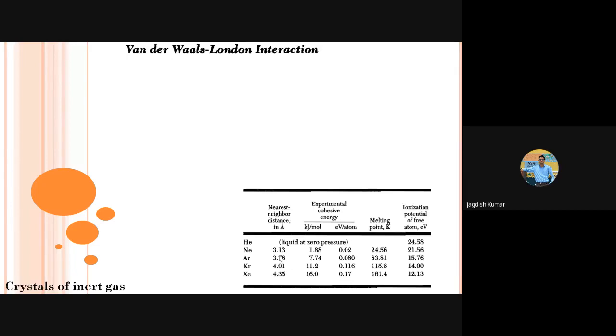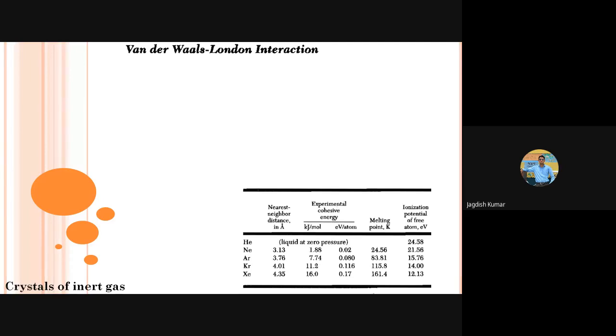So the main thing is related to neon, argon, krypton, xenon. All these form crystals, and in the crystalline form, the interatomic distance is 3.13, 3.7, and so on. So this increases as we go down. This is very much expected because the size of the atom is increasing while we go downwards. That's very clearly visible here.